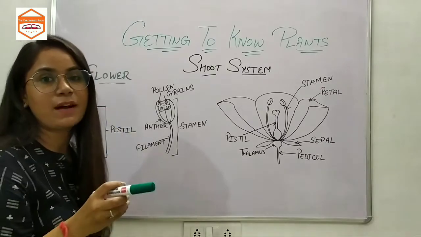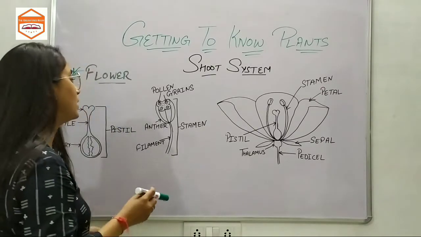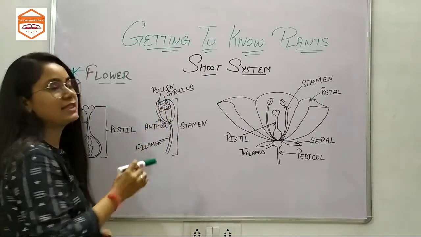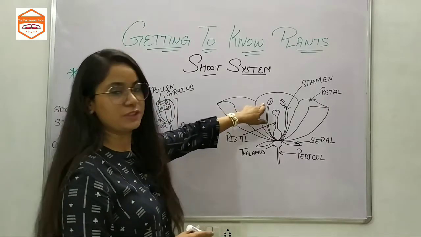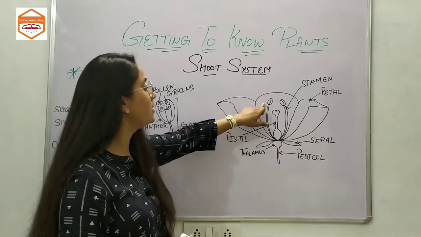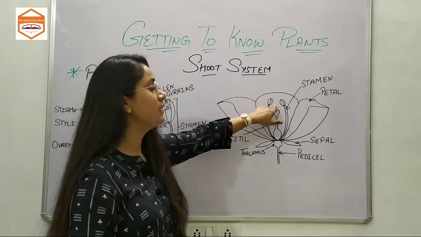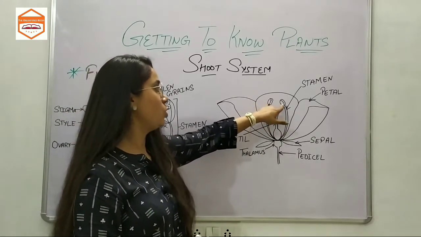These are dust-like particles, yellow in color. These pollen grains are present in pollen sacs, and as you can see in this picture, this anther has two lobes, first lobe, second lobe.